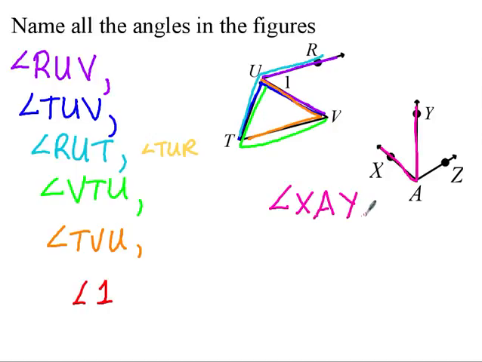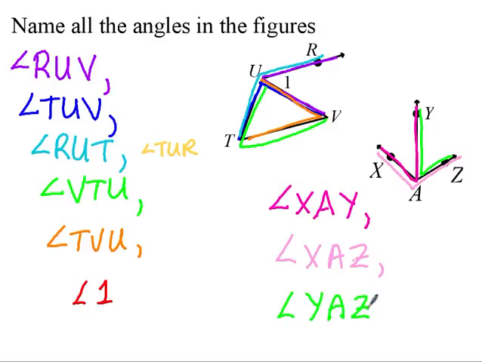Another one. XAZ. That's going to be this one right here. What do you got? YAZ. Yes, that'll work. Any others in that one? Not too bad? Okay, let's go ahead and look at the next slide, see what we have.